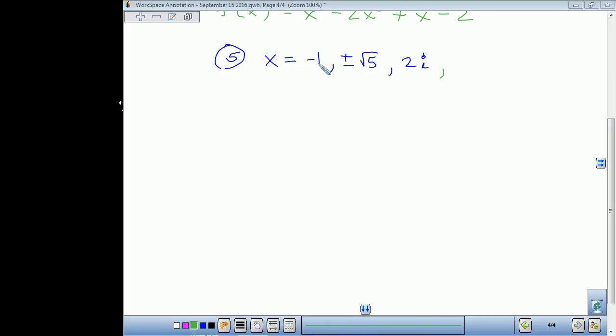Okay, so 5's got negative 1, positive root 5, negative root 5, positive 2i, negative 2i. Even though it's not written, it's there.